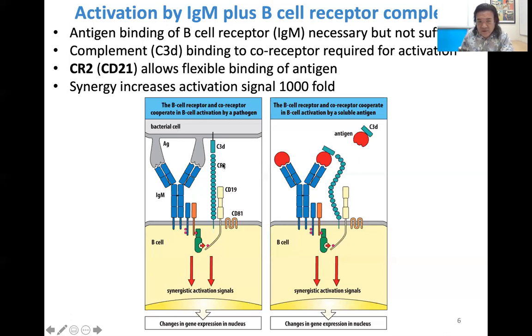So the CR2 co-receptor makes it a lot stronger, because chances are bad clown is in the process of being opsonized by complement proteins, so there would be all kinds of little scrappy C3d parts on there. And that's what the CR2 picks up on.